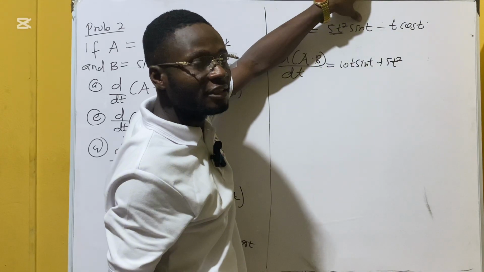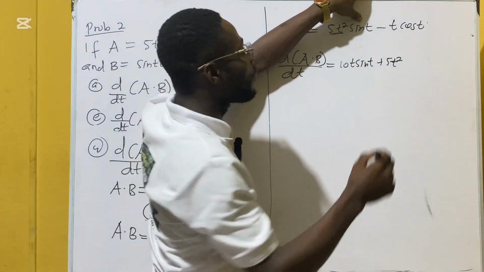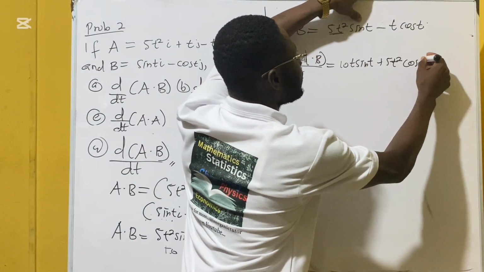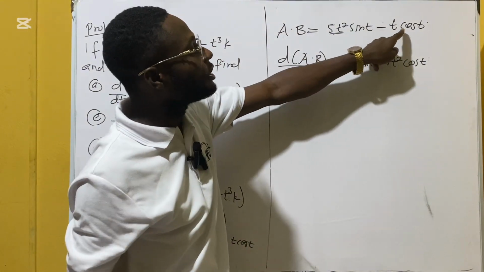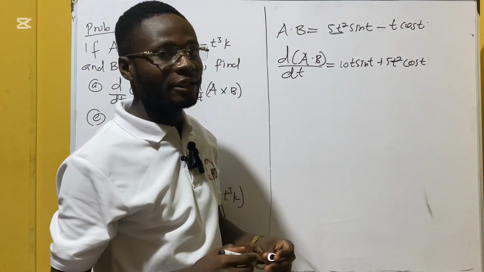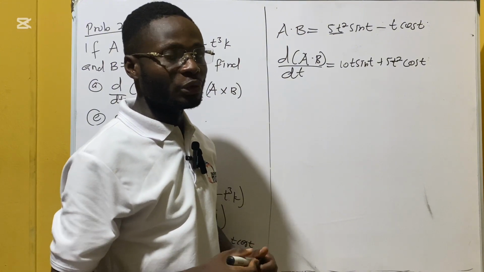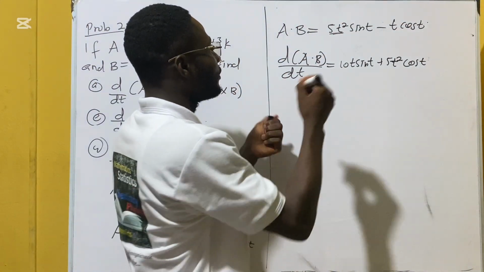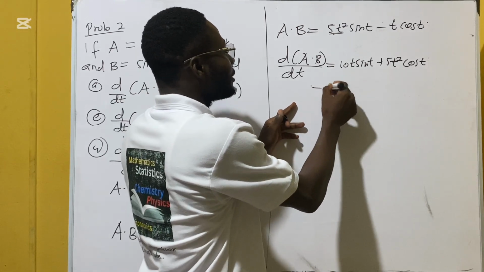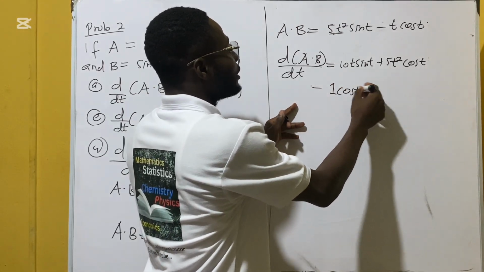And when you differentiate sine t, you're going to have cos t, right? Okay, now we come to t cos t. In that case, we will use the product rule. So we differentiate t, maintain cos, so we're going to have negative 1 times cos t.